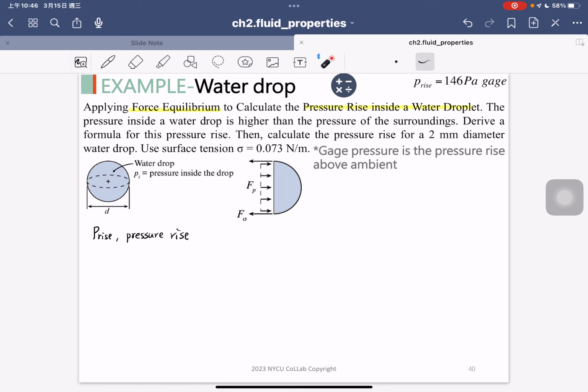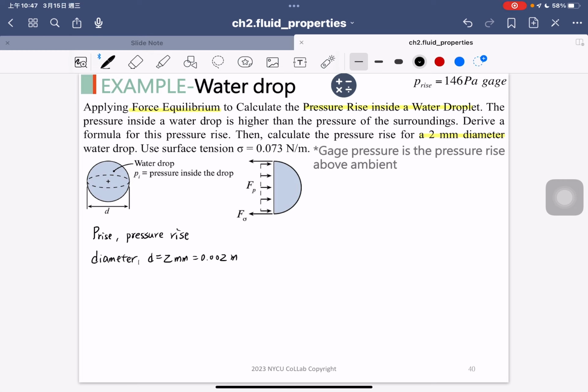Then calculate the pressure rise for the given condition. We actually know the bubble diameter is 2 millimeters. So we should write down the diameter for the bubble, D is equal to 2 millimeters, and then we convert the millimeters to meters. So 0.02 meter.